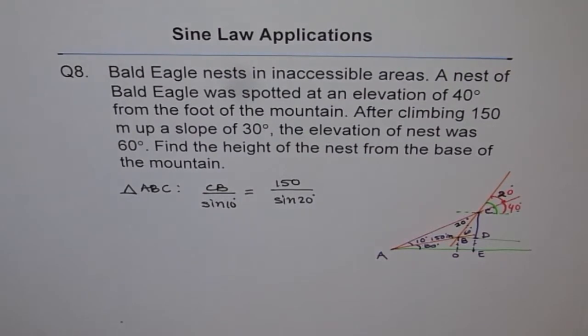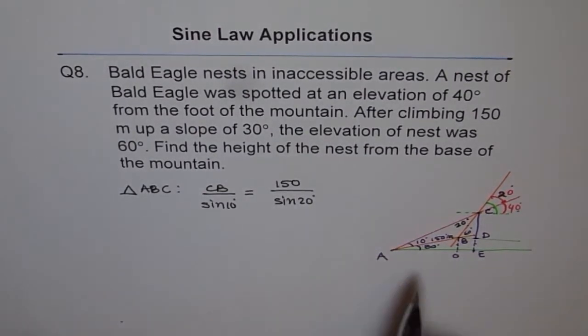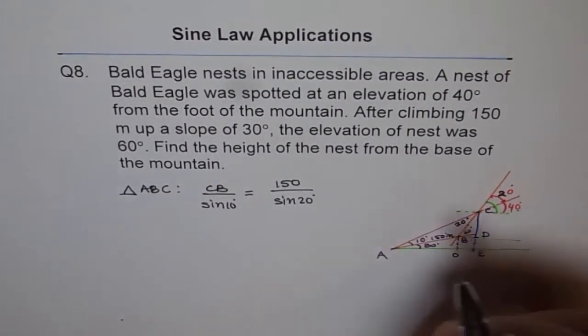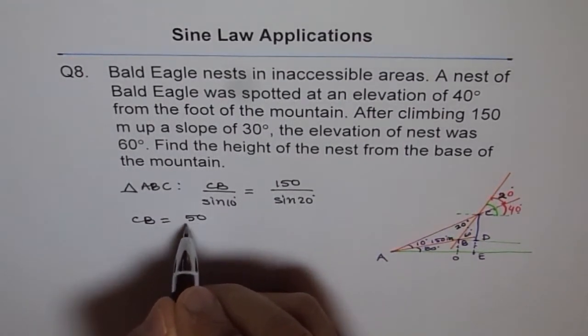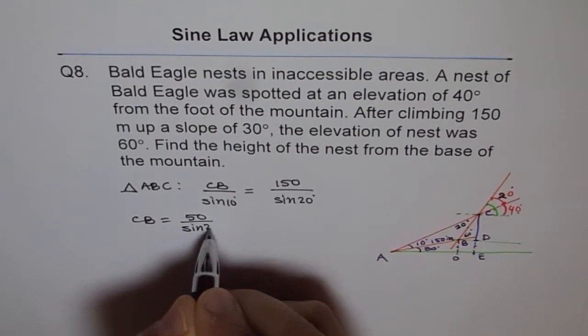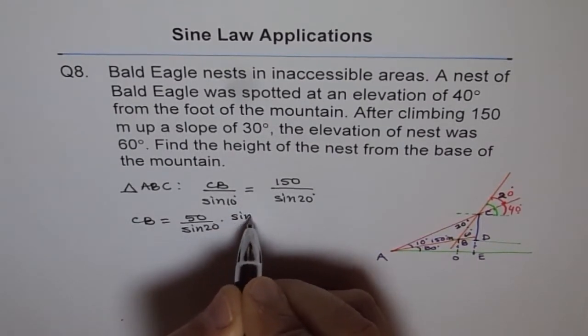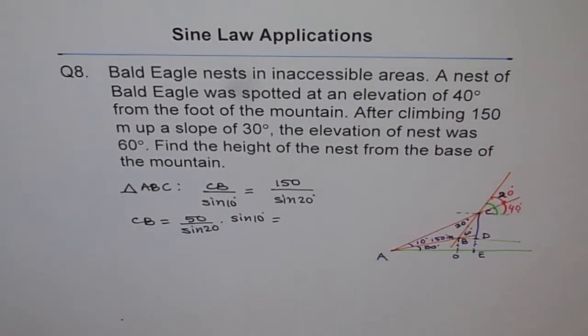Correct? So that is the sine law, and from here we can find what CB is, right? Okay, so now CB is equal to 150 over sine 20 times sine of 10 degrees. And we can calculate this and get our answer.